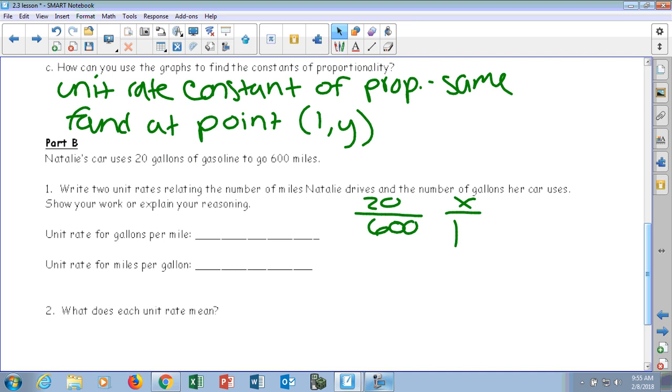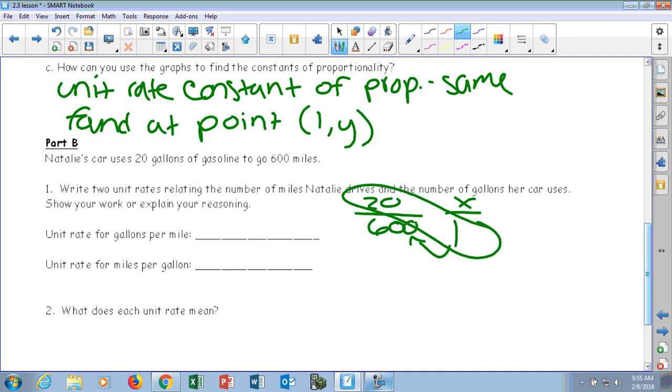Well, I just wrote our proportion. So, Anthony Coleman. I got 30 gallon. Wait. 1 gallon. Every 1 gallon, you get 30 miles. 30 miles? Try it again. Let's do our cross multiply. If I cross these off, 20 times 1 gives me 20.